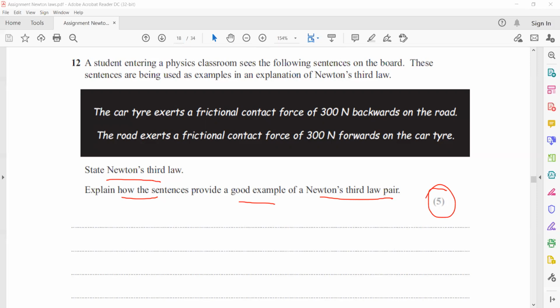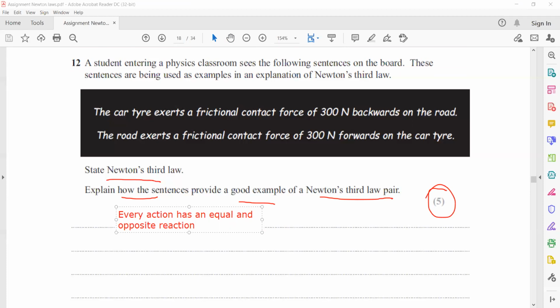So first, according to Newton's third law, forces always act in pairs. Action and reaction forces are equal but opposite in direction. So first we'll write the statement for Newton's third law. Every action force has an equal and opposite reaction.